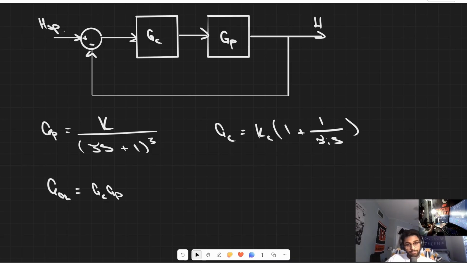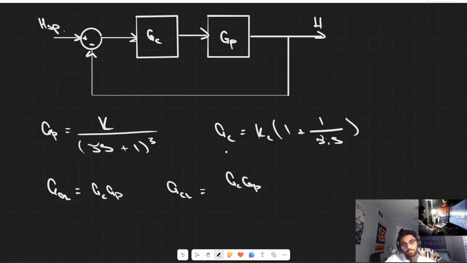Now finally, our last little derivation that we're going to do here before we move on to some code, we want to derive the overall transfer function for our closed loop. Now if you remember, there is an easy way to determine this, and that's basically saying, well, we want all of these functions in the forward direction.